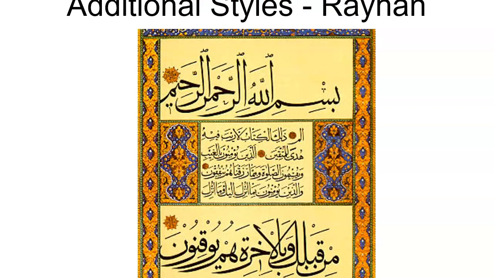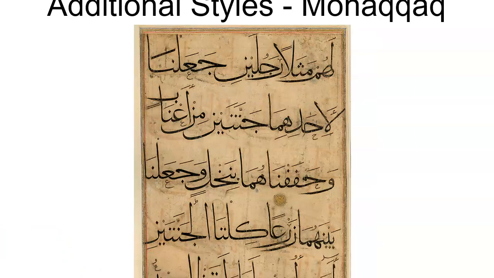I'll share some additional scripts with you. This is called the Rehan script, closely related to Muhaqqaq and Rehani. Rehani script is basically a miniature version of the big Muhaqqaq script. This is Muhaqqaq, just very beautiful, very similar to Sulus.